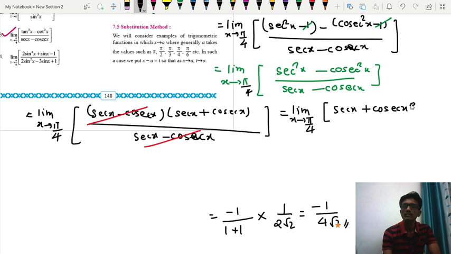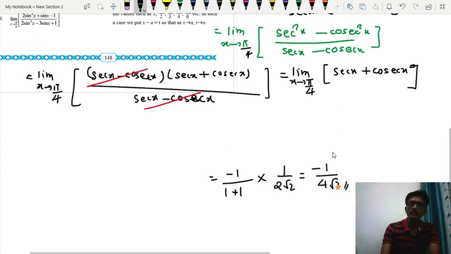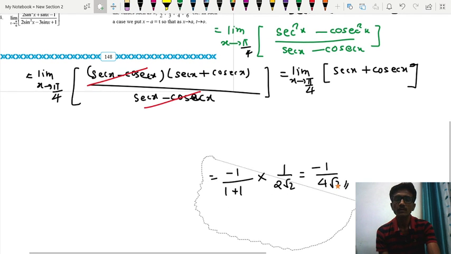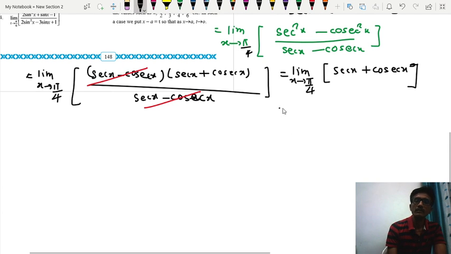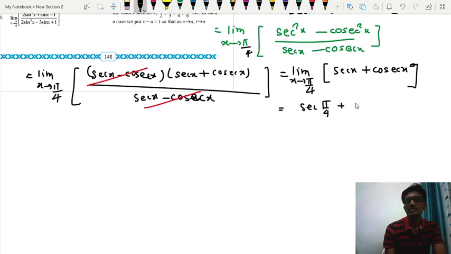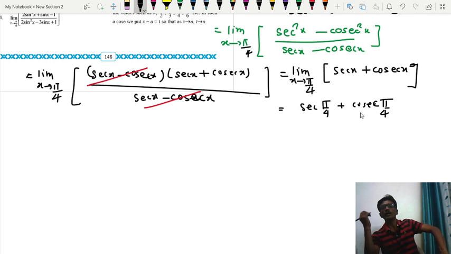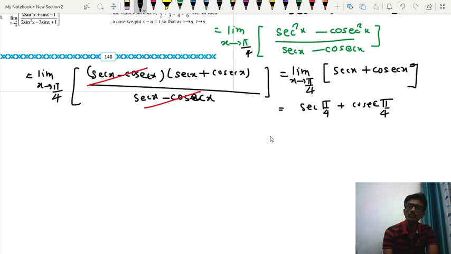Taking the limit over here, we get sec pi by 4 and cosec pi by 4. You know sec pi by 4, cos of 45 degree is 1 by root 2, so sec will be root 2, and it is root 2 plus root 2, which is equal to 2 root 2.